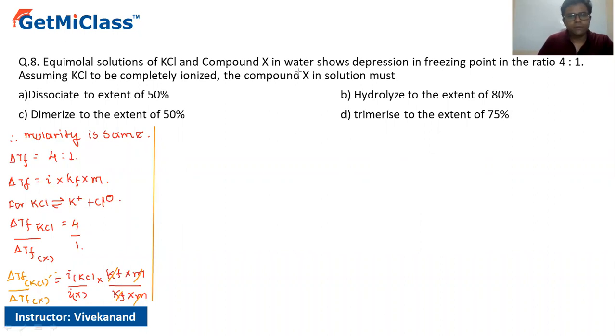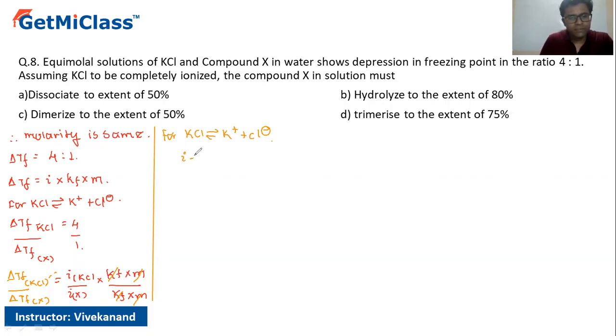Continuing further, for KCl, when it undergoes dissociation, we have K+ and Cl-.